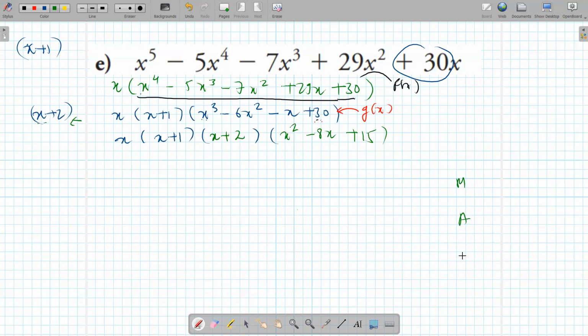What does it add up to? It adds up to negative 8 and multiplies to 15. Right, and what are the numbers? Negative 5 and negative 3.